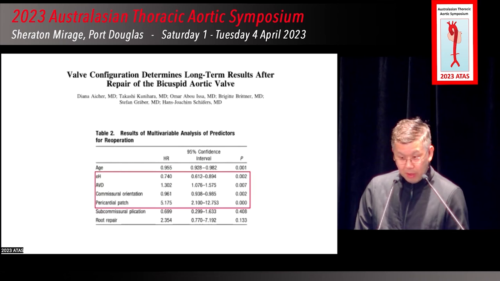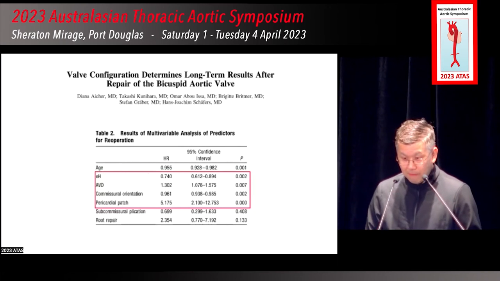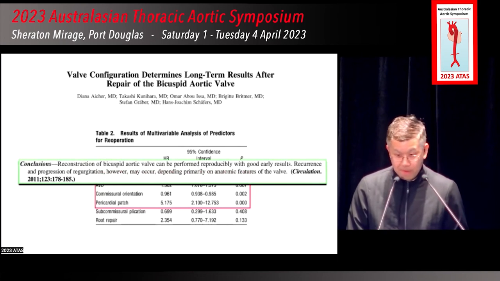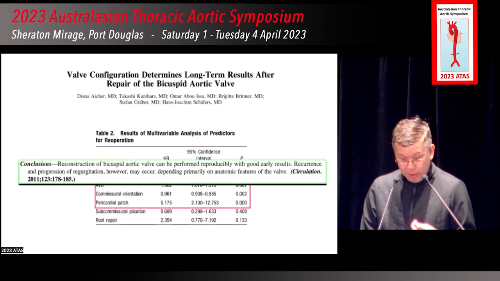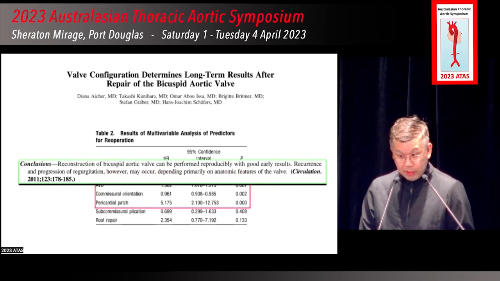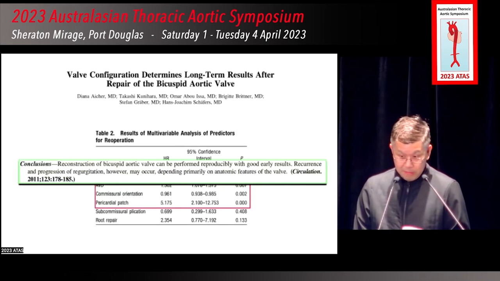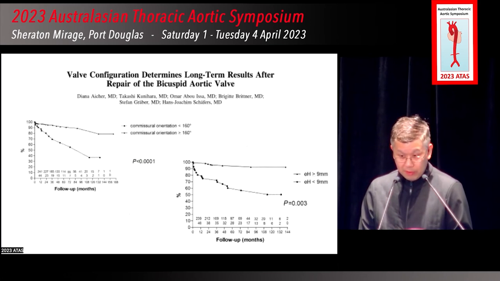All of those things are determinants of valve durability after repair. The reconstruction can be reproduced with good results, but recurrence and progression of AI can occur, depending on the initial anatomic features of the valve. So here are some of those data.